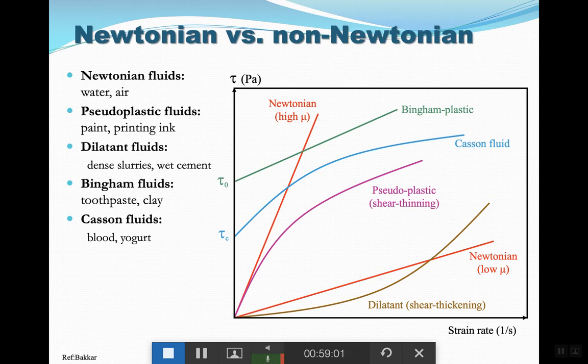So as the shear force gets larger and larger on the material, in the case of honey or toothpaste, the viscosity goes down. So this is another question you have to answer, whether the flow is Newtonian or non-Newtonian.